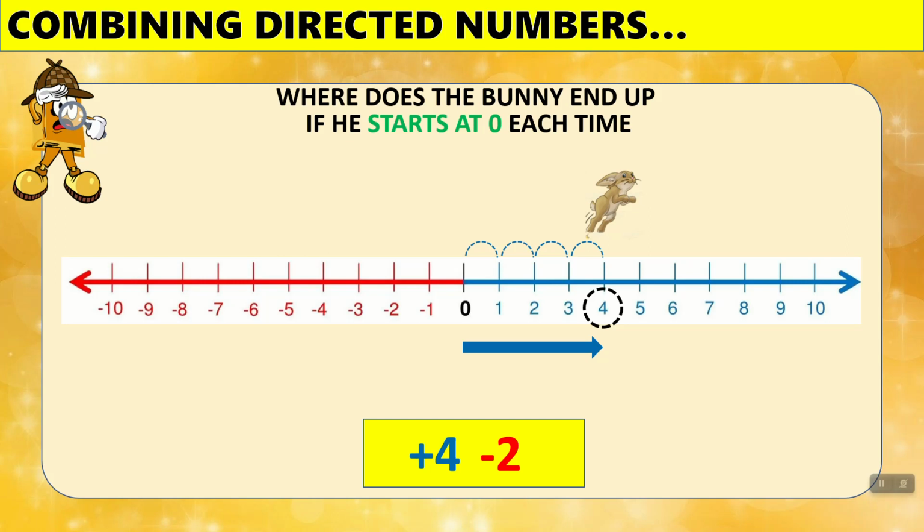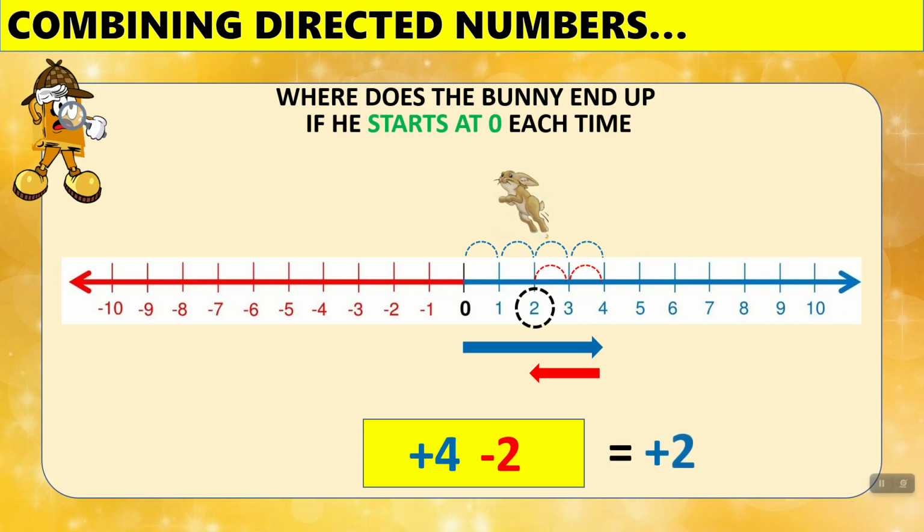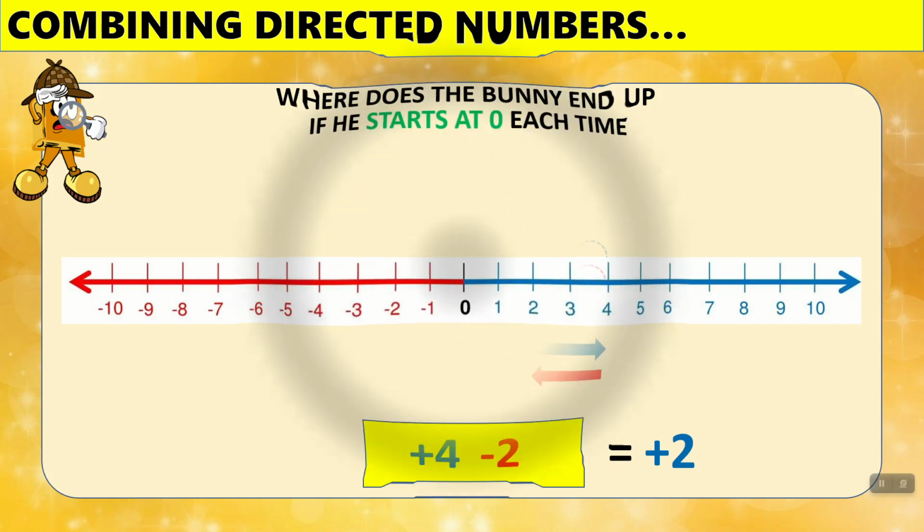And so starting here, we will go left 2 spaces because negative means going to the left on the number line. And we will go 1, 2 spaces, and we are now at the point of positive 2. So plus 4 minus 2 gives us a positive 2. And we can see that as 4 minus 2, which we know 4 minus 2 is 2. But this shows us on the number line how exactly that works.